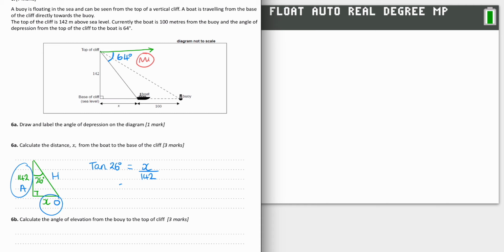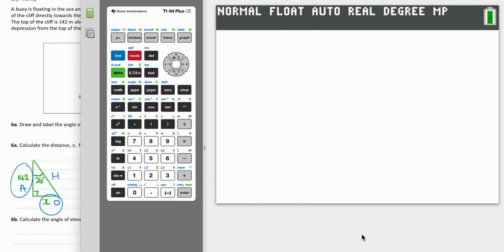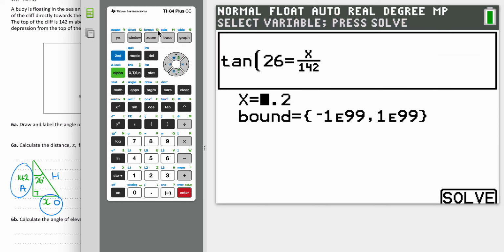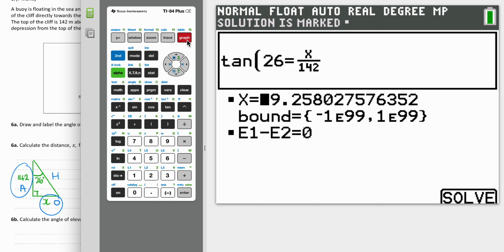If I type it into my calculator, I can go straight to numeric solve, for example, and I have tan of 26, and then my second equation is x over 142. Then I can press solve, and that gives me 69.3 to 3 significant figures.